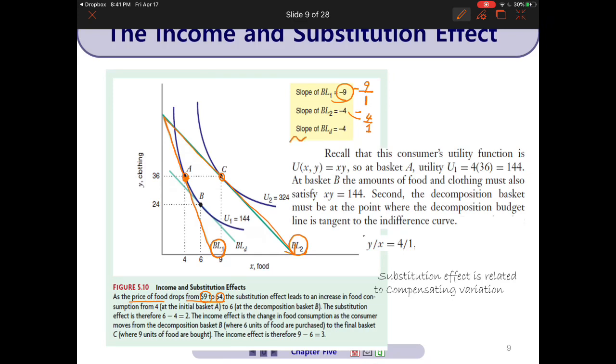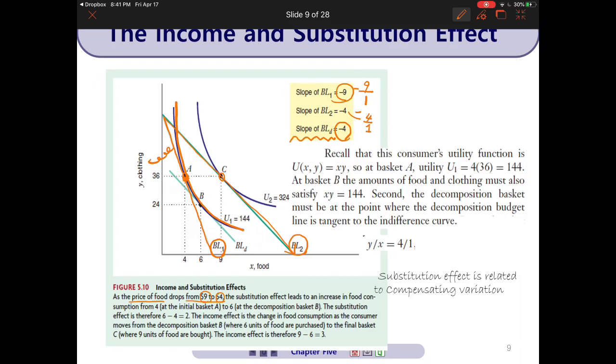Another hypothetical one we made: we keep the original indifference curve. Now we ignore the original budget line. Instead, we introduce a new budget line with the slope of the new good price, which has fallen from 9 to 4.